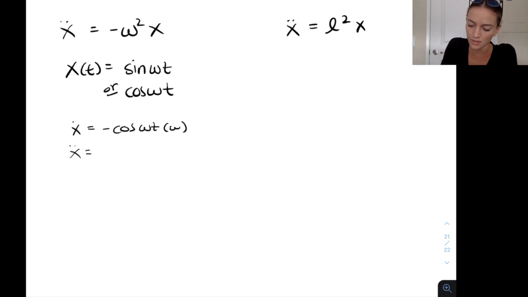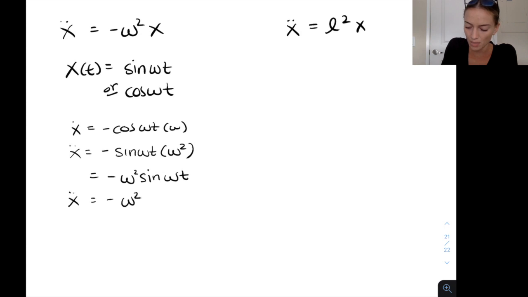And then we take the derivative again, we get negative sine omega t, and then we get an omega squared. So we have x double dot is equal to negative omega squared x, right? Where this was our original function x, and this is the second derivative of it. So when you have sine and cosine, you always will get this extra negative sign here, no matter if you start with sine or cosine.